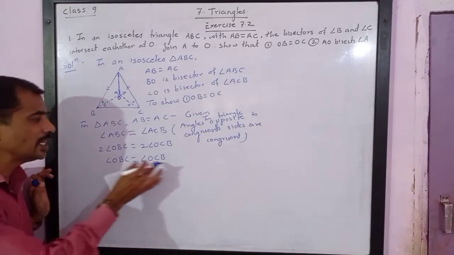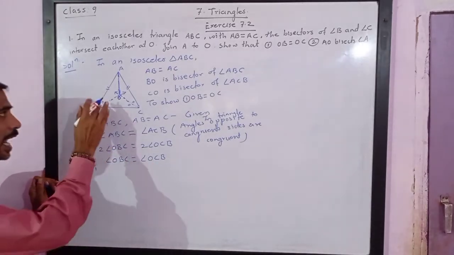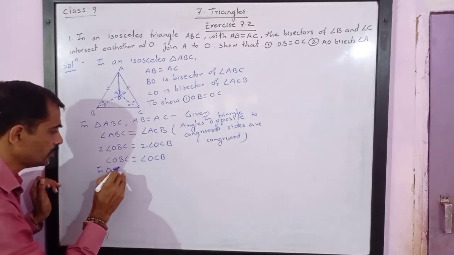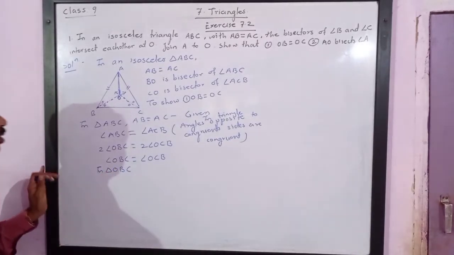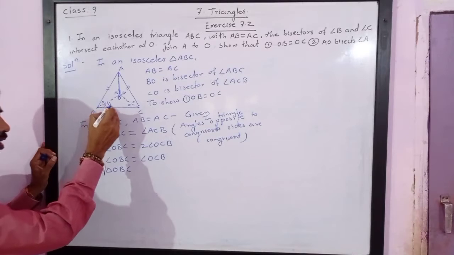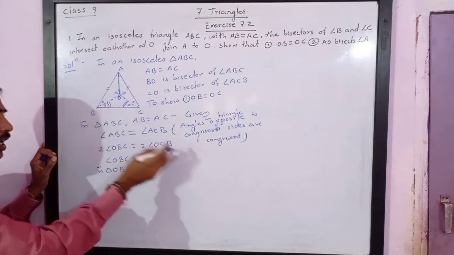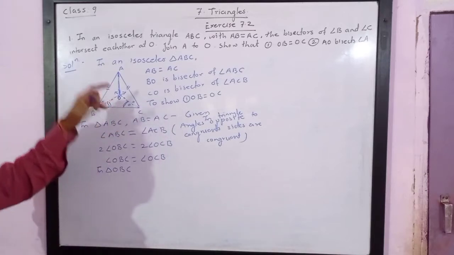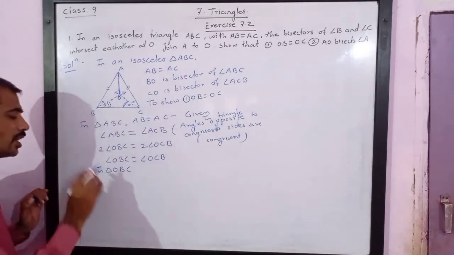Now, if OBC is equal to OCB, in triangle OBC we have these two angles congruent to each other, and if angles are congruent, according to the converse of the isosceles triangle theorem, opposite sides are congruent.